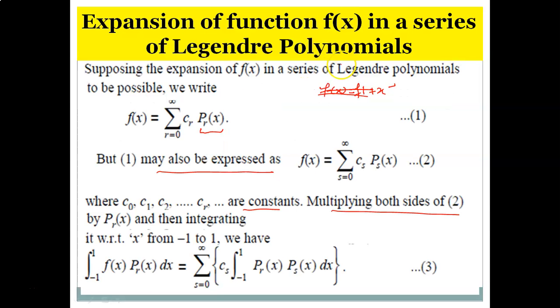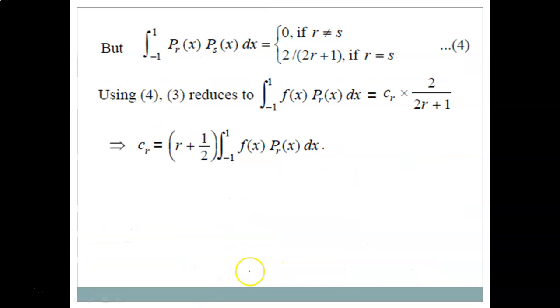So in the summation on the right hand side, only one term will be left when r equals s, otherwise all terms are 0. So when r equals s, this becomes c_r, and only one term is left, because whenever r is not equal to s the thing is 0, otherwise it is 2 by 2r plus 1 if r equals s. We have proved this result in the earlier lecture.